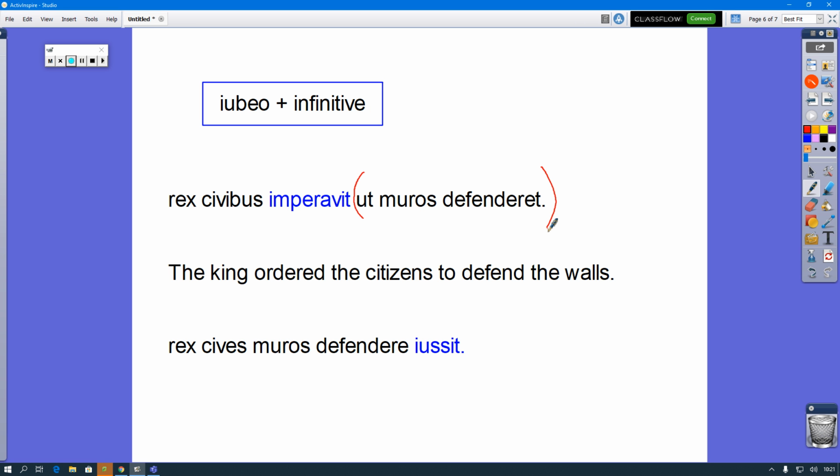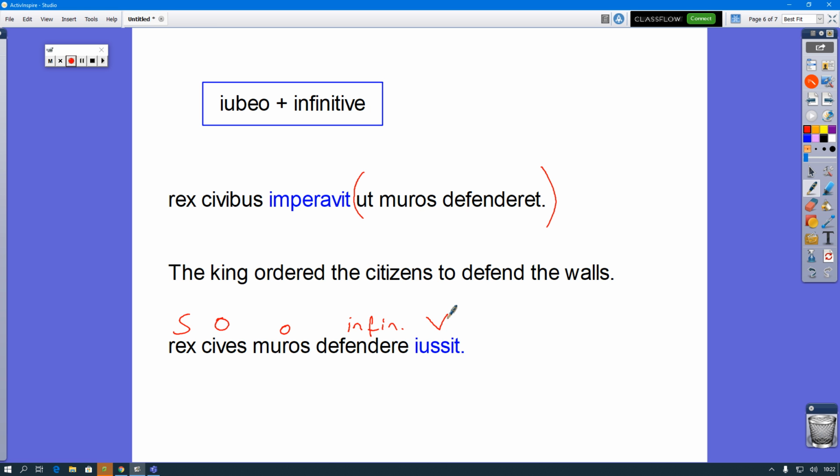The second one, well, I have what I probably would expect in English. So I have an infinitive, and then the infinitive has its own object. So slightly confusingly, I have the king ordered the citizens, and then its own little subsection to defend the walls.